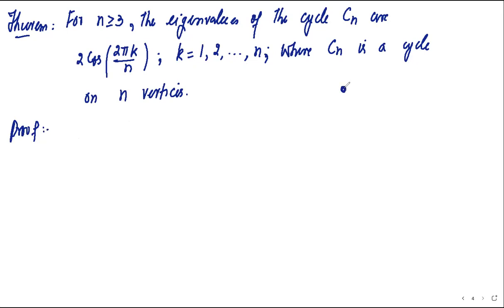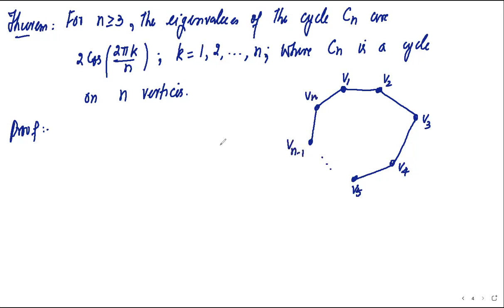So let's construct a cycle here. Let this be the vertex V1. Let's call these vertices V1, V2, V3, V4, V5, and so on. Let this be the vertex Vn, and let this be the vertex Vn minus 1. Then let this be our cycle Cn.